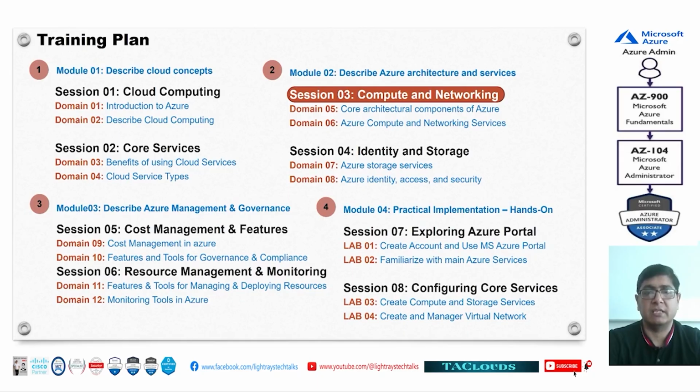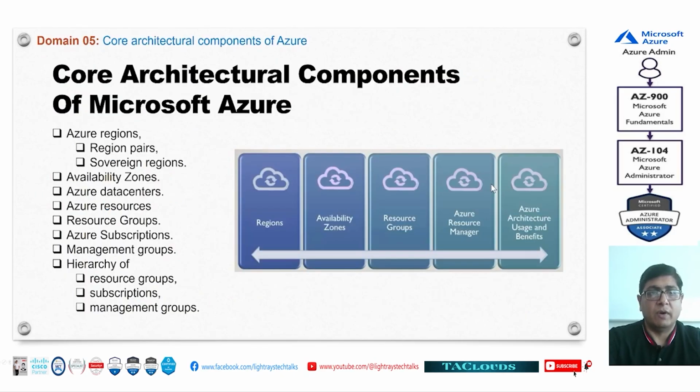First we will understand Azure regions. If you go to the next slide, you will see what we will be discussing in these modules. Azure regions have different pairs also.